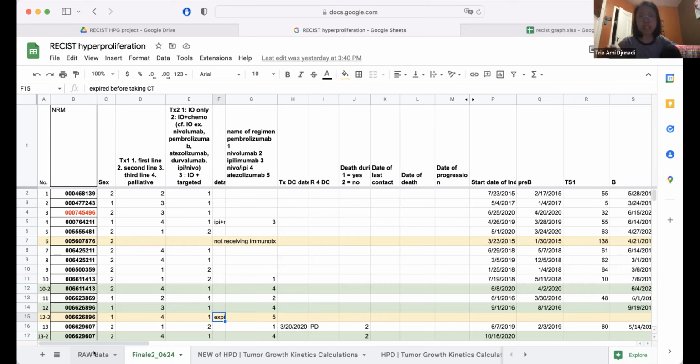But iRECIST is really good at describing whether this is progressive or not, because they call it unconfirmed progressive disease until the next scan. They allow a longer time, and they take 4 scans to decide whether it's progressive or not.